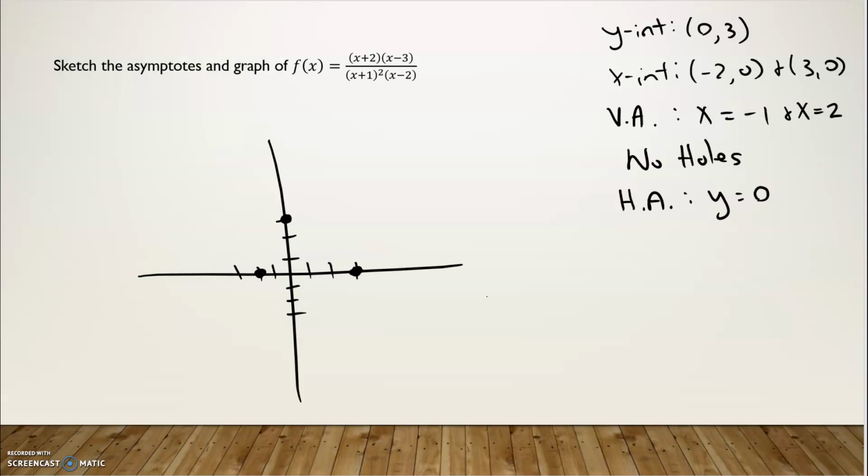And then I have a vertical asymptote at negative 1, so here, and at 2, so here. And I also have one at y equals 0, which is the x-axis, so we'll do that right there.